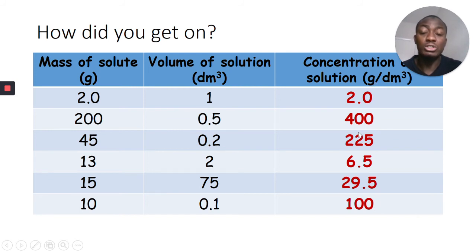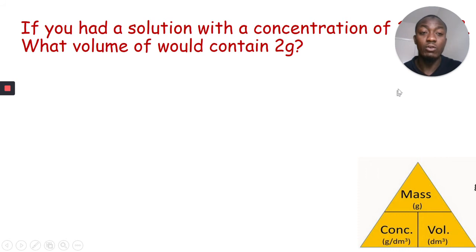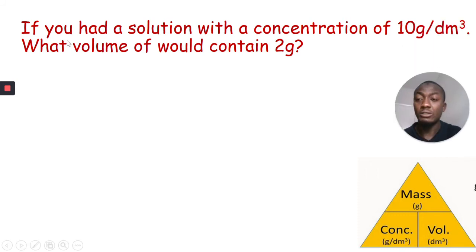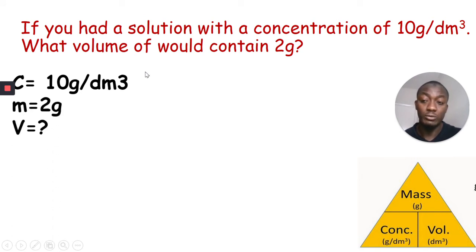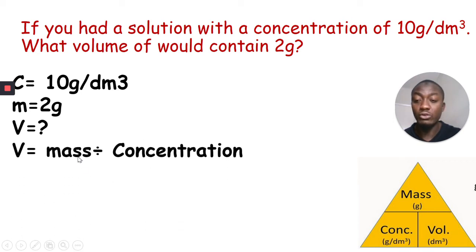But the questions are not always going to come like that. They will come in forms like this. If you had a solution with a concentration of 10 grams per dm cube, what volume would contain 2 grams? Here you've been given the concentration and the mass; what is the volume? If you use this triangle, you know that volume equals mass divided by concentration.